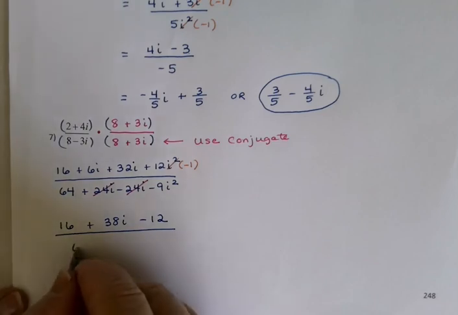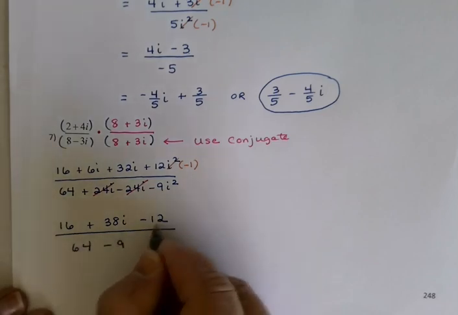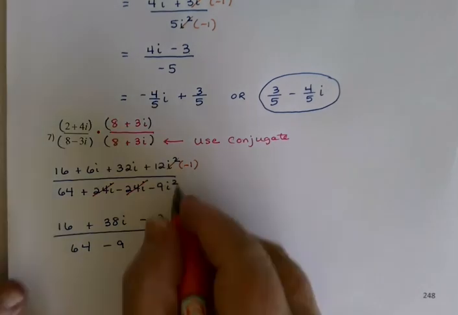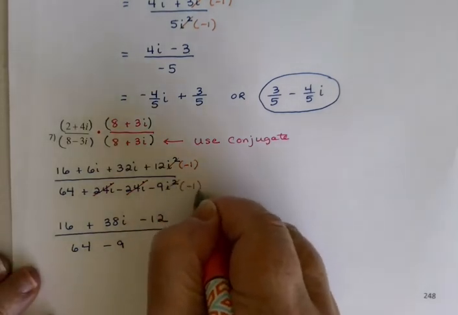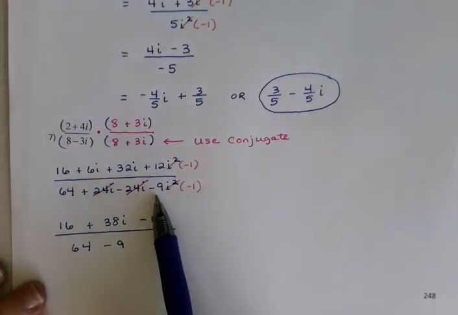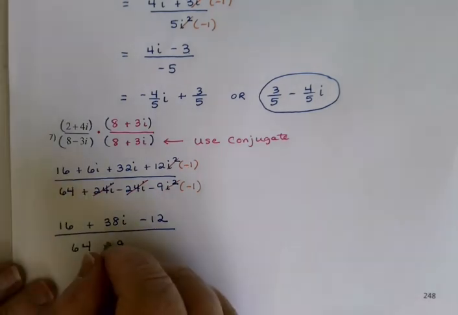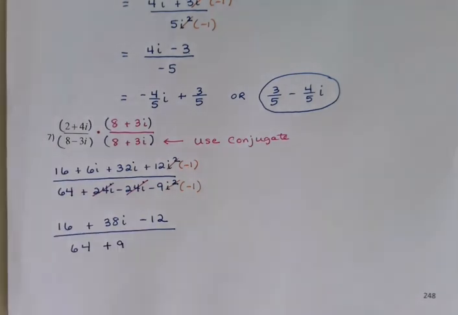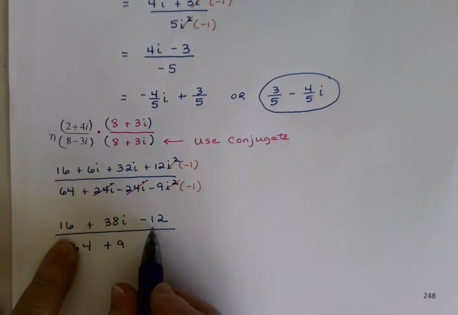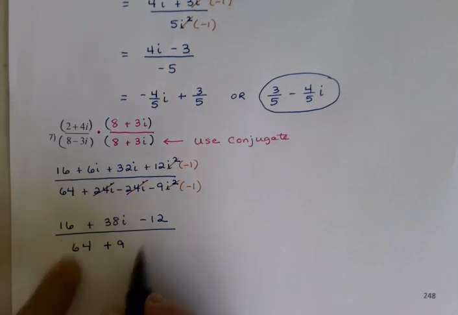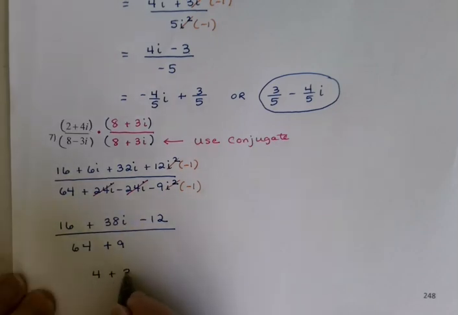On the bottom, I've got the 64 minus 9 times, well, actually, let's do the same thing. Let's make that negative 1 also. So a negative 9 times a negative 1 just makes that plus 9. All right, we're almost there. I can combine those like terms. That'll become a 4 plus 38i. In the denominator, I've got 73.